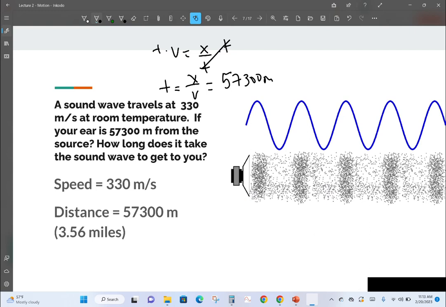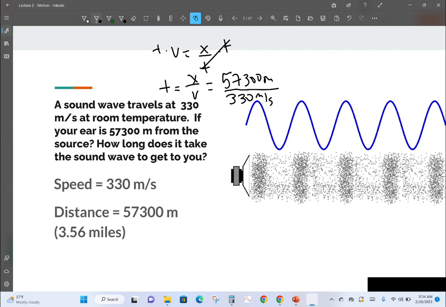Which is going to be 57,300 meters divided by 330 meters per second.